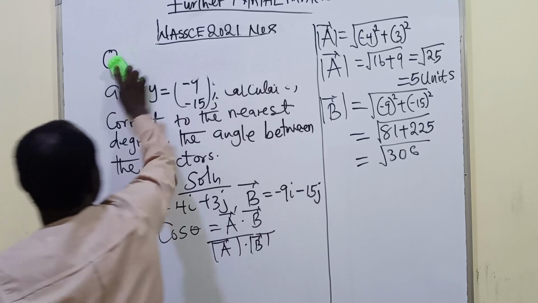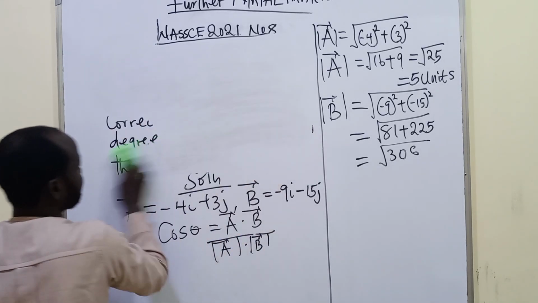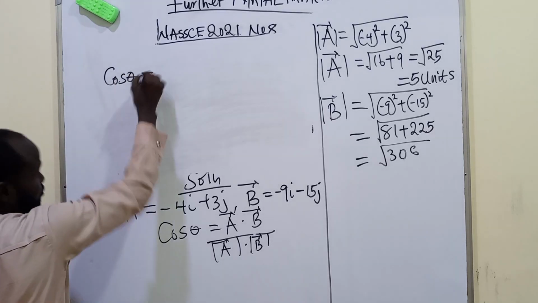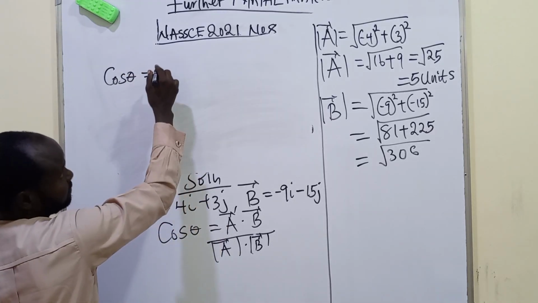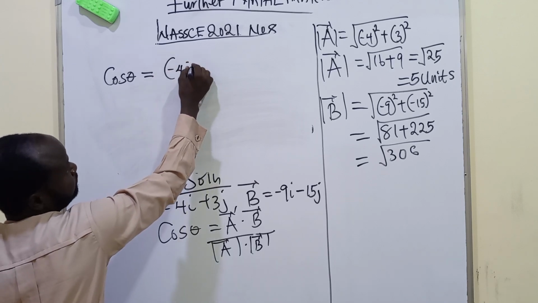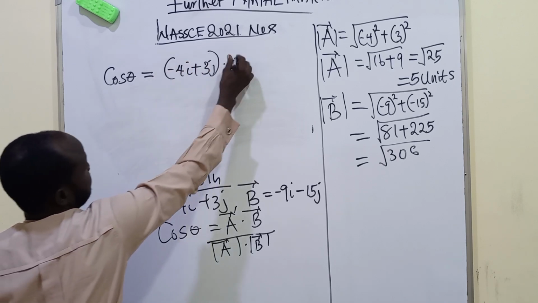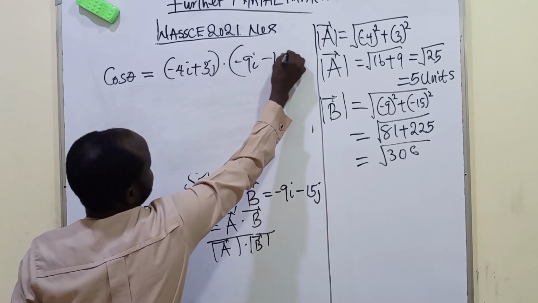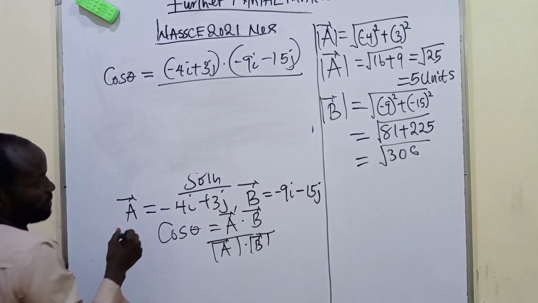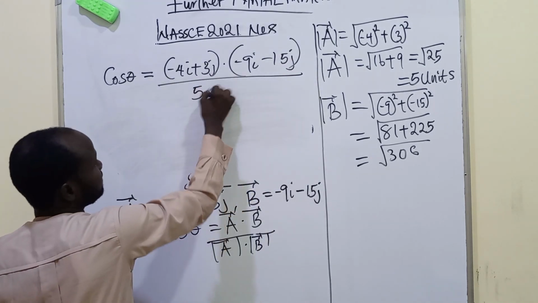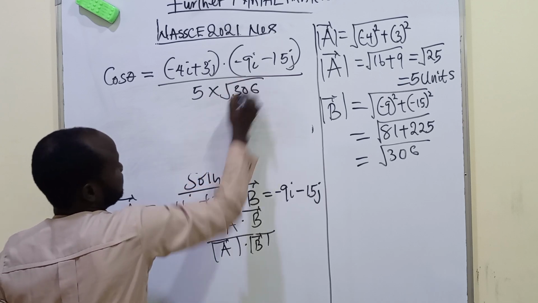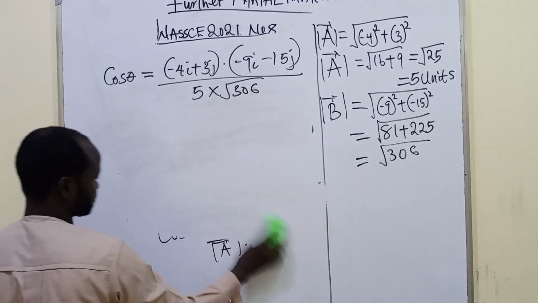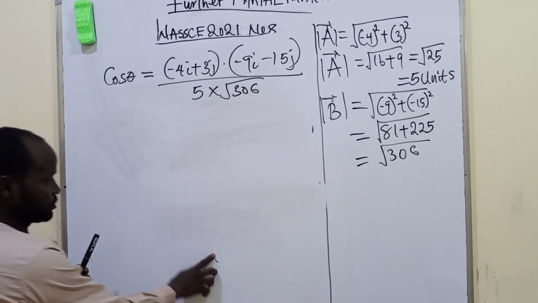Cos theta will be equal to vector A, which is -4i + 3j, times vector B, which is -9i - 15j, divided by the magnitude of vector A, which is 5, times root 306, the magnitude of vector B. Very important: when we are multiplying vectors, it has to be i to i, j to j.